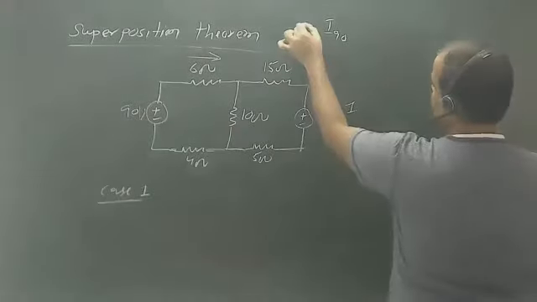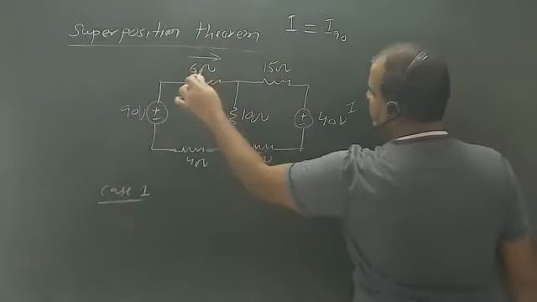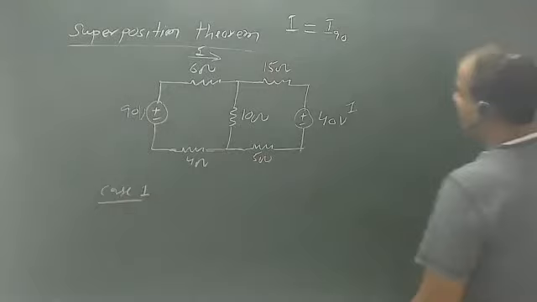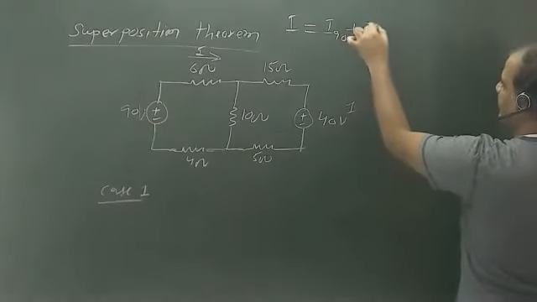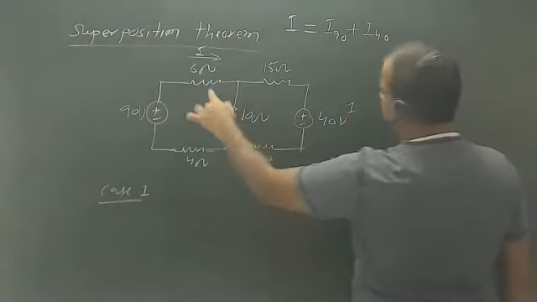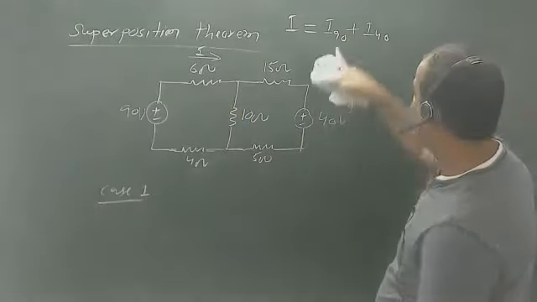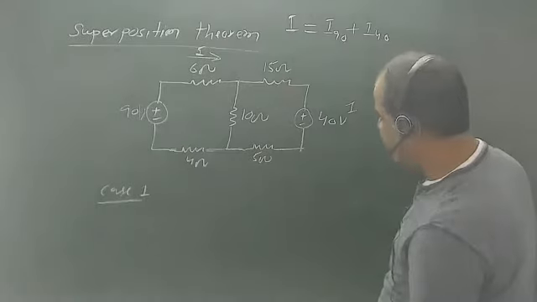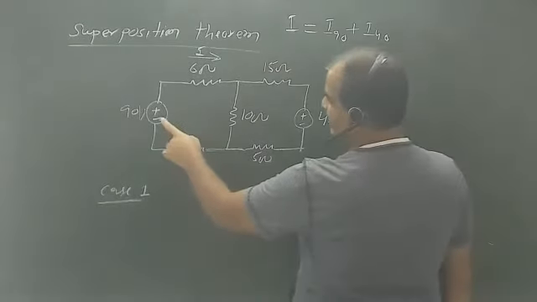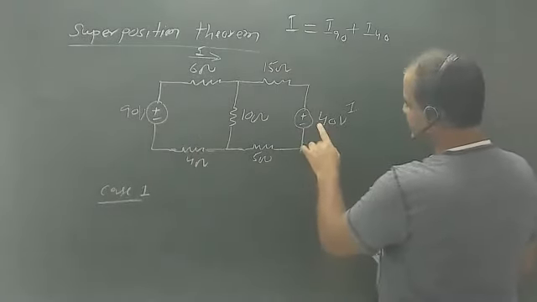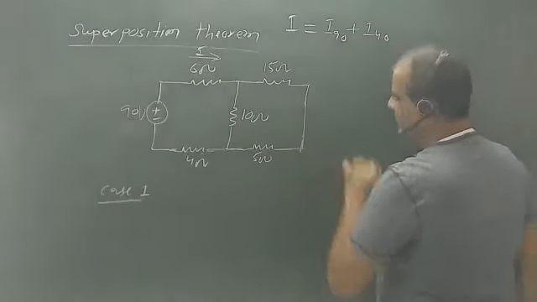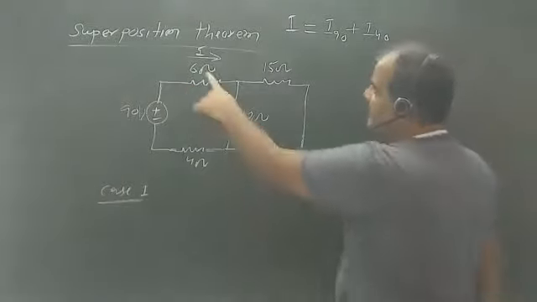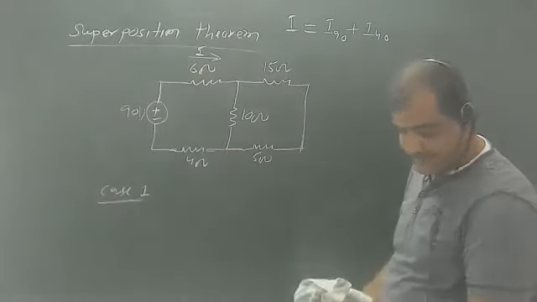I want to find the total current I here, and say the current due to 40 volt is I40, in this 6 ohm. Now I have to calculate I90 and I40. So case 1, I am taking the first source, so I will make this a short circuit. Now बताओ I कितना आएगा? What is the value of I?